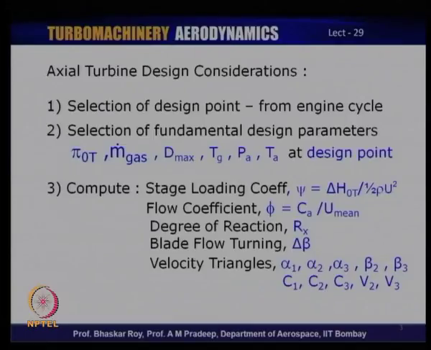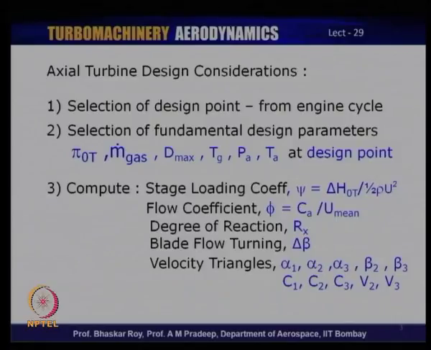Corresponding delta alpha that you get in the stator would indicate the amount of turning that is necessary in the stator, and that turning of course, is sometimes inevitable or necessary to effect a certain amount of change of energy from potential to kinetic. So, the blade flow turning in the rotor for work done, and in the stator for change of energy, are vitally important things, and again these would be variable from root to tip.